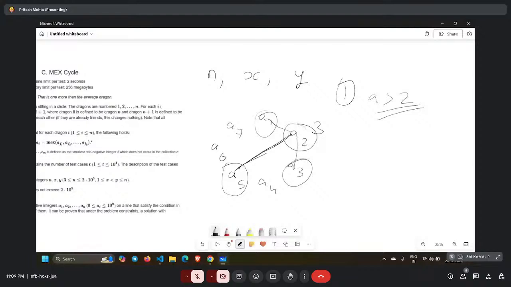So this is a constructive algorithm problem. So we will take a case where we randomly put the arrays.